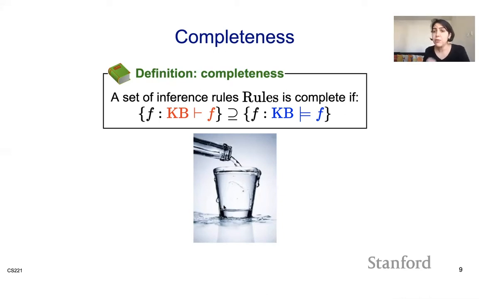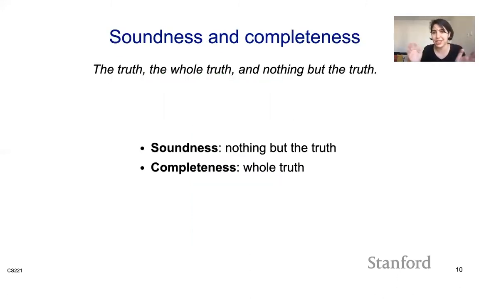Okay. So if you put soundness and completeness together, you get a filled up glass, right? You get everything that is inside of the glass and just everything that's inside of the glass, which is everything that is true, everything that is entailed. So soundness and completeness is about the truth, the whole truth, and nothing but the truth.